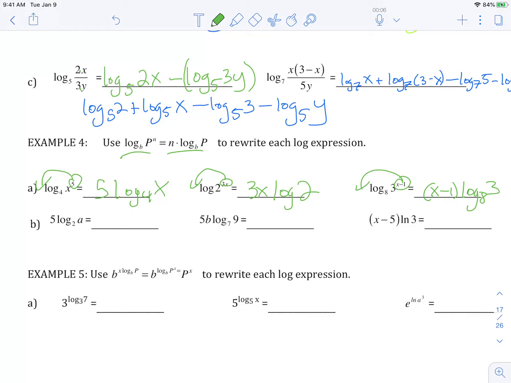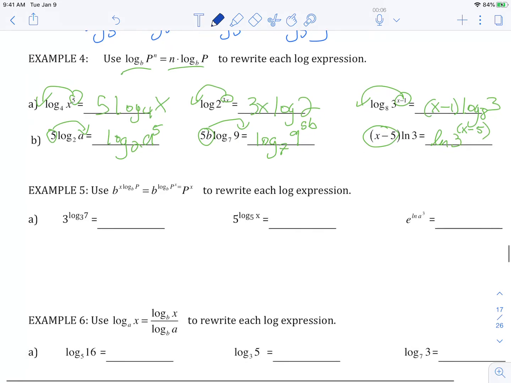Now this goes in reverse. You can rewrite it as log base 2 of a to the 5th. You can rewrite this whole thing, bring it up in front here: log base 7 of 9 to the 5b, and over here, this is in parentheses, so natural log of 3 raised to the x minus 5 power.